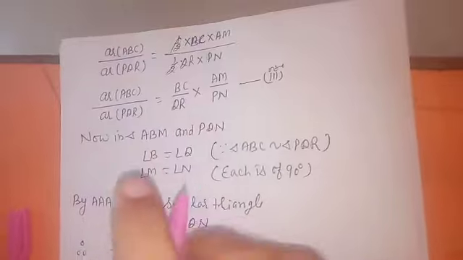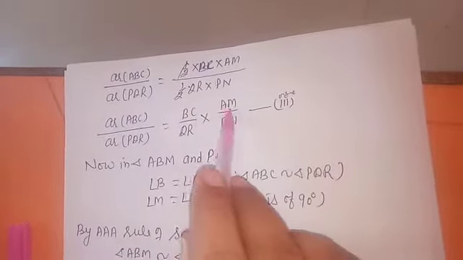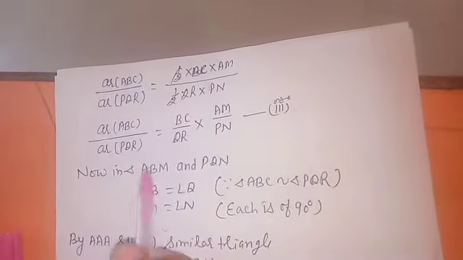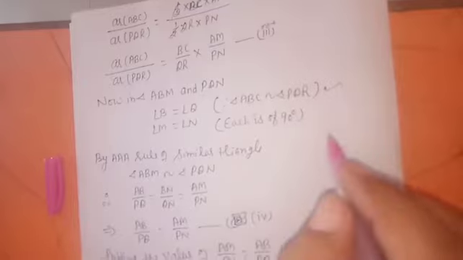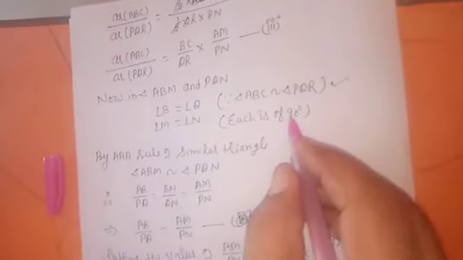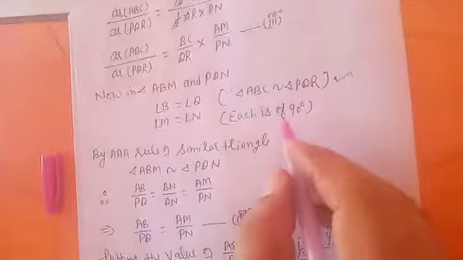Now your main aim is what? You can prove this equal to this. So first you can prove these two triangles, triangle ABM and PQN, are similar. As you know, angle B equal to Q, because the two triangles are similar, and given M equal to N. According to your construction, if two angles of a triangle are equal, then the third angle is also equal.